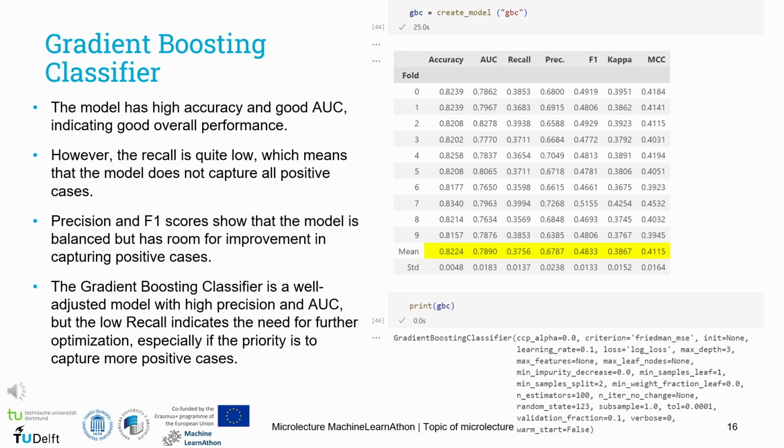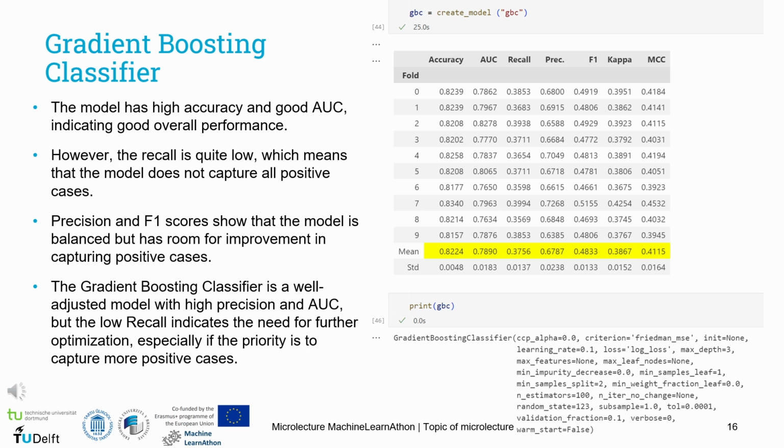In this example, we use the create model function to build a gradient boosting classifier, which was automatically selected as the best performing model by PyCaret during the model comparison phase. The evaluation results confirm this decision. The model achieved the highest average accuracy at 82% and a strong AUC of 0.78, indicating solid overall performance in distinguishing between classes.